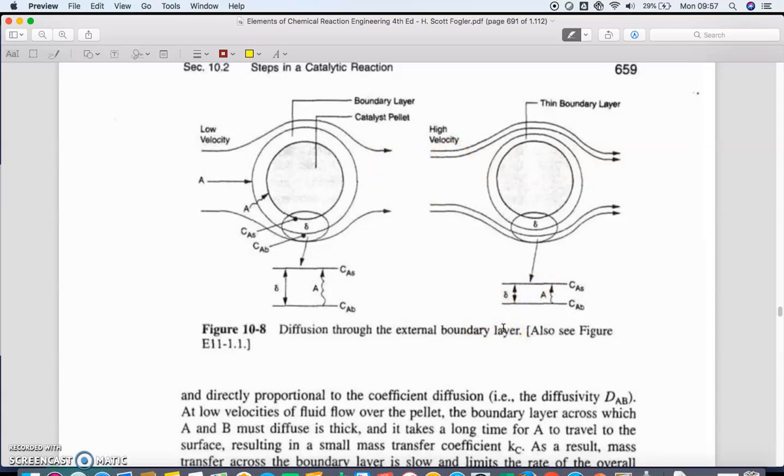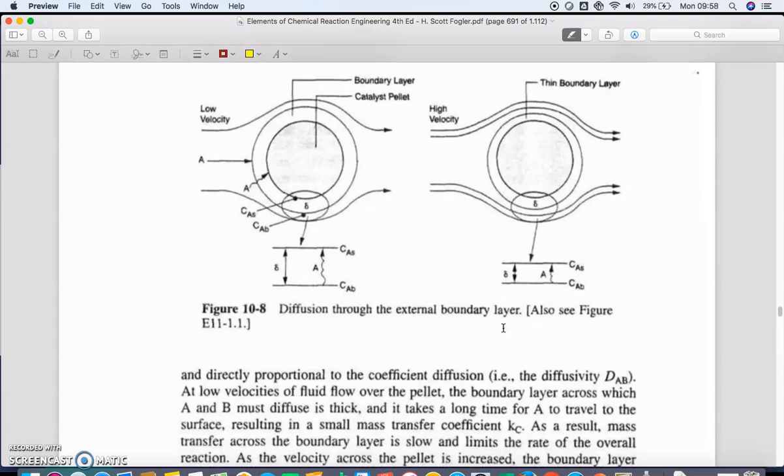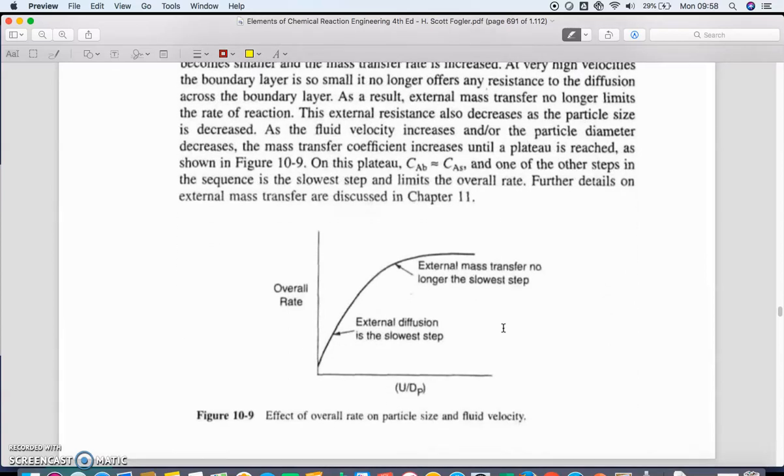As a result, there will be more efficient mass transfer of reactant A to the catalyst surface. If you look at this graph, this is the overall rate. We're talking in terms of internal and external diffusion just now. So overall rate depends on velocity and also catalyst particle diameter. dp is particle diameter or your catalyst diameter.